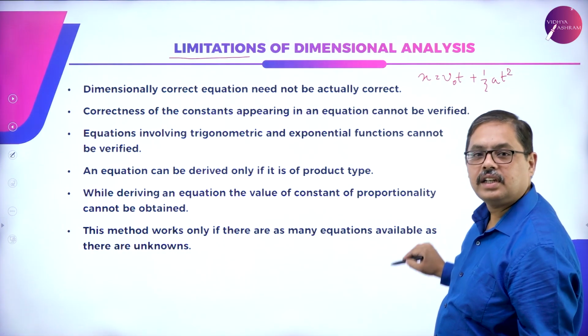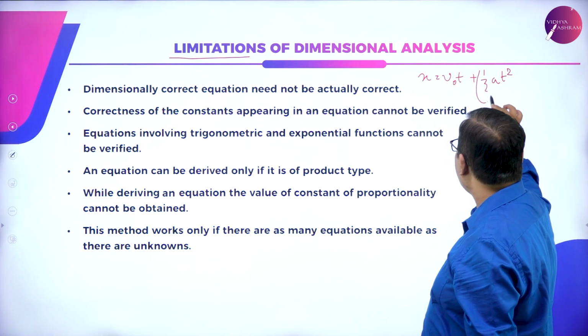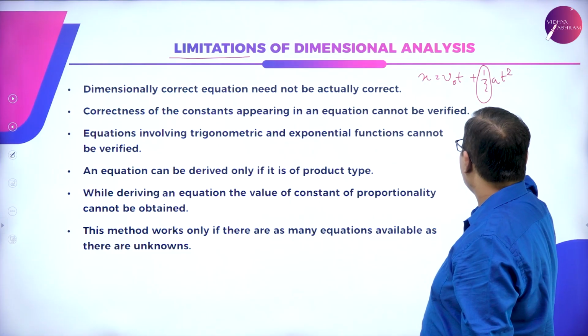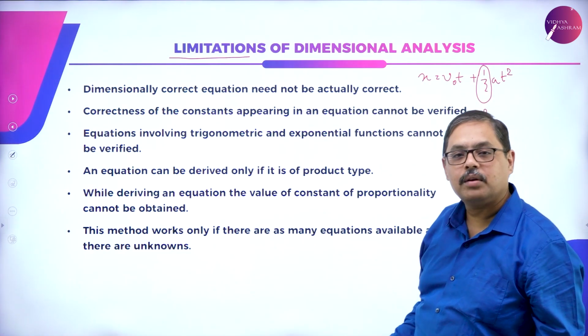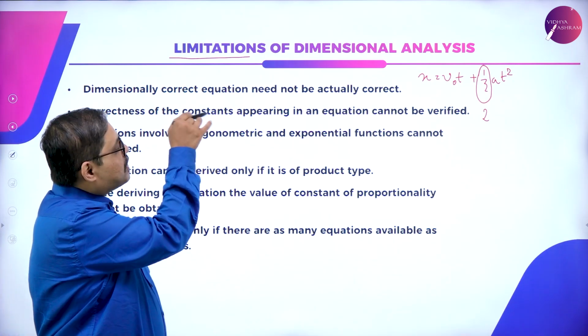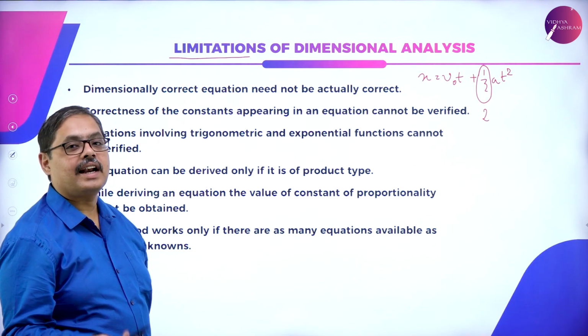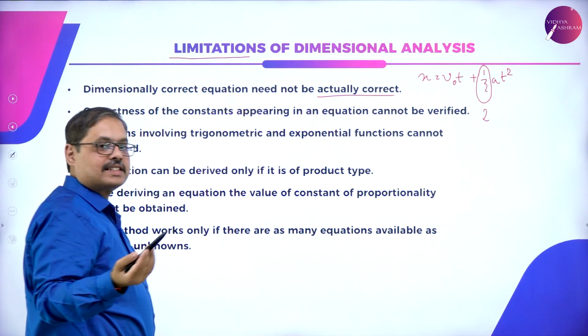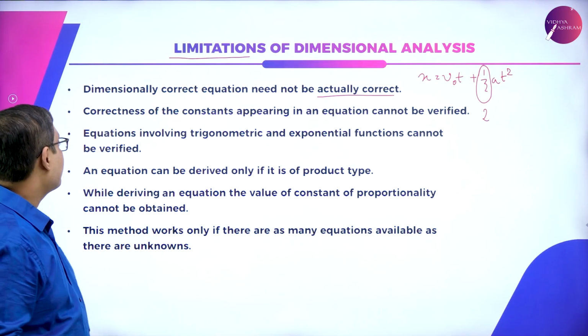In this equation, we know that this number half is a dimensionless constant. If I replace that by 2 also, dimensionally the equation will remain correct. If I replace that half with any other number, the equation remains to be dimensionally correct, but actually it will not be correct. So please understand that this is the limitation.